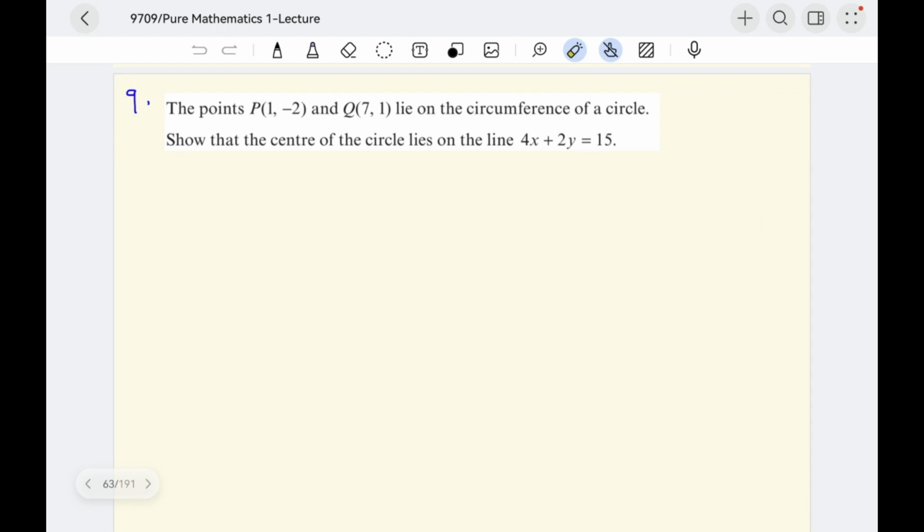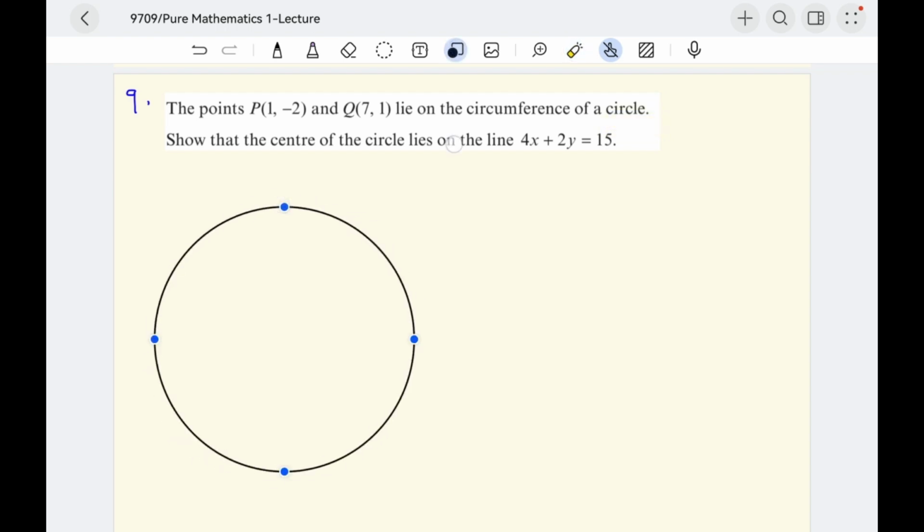Okay, let's move on to the next question. Question 9 also involves the equation of the circle. Given that the points P(1, -2) and Q(7, 1) lie on the circumference of a circle. In the logical sense, I have (1, -2), which is about here.